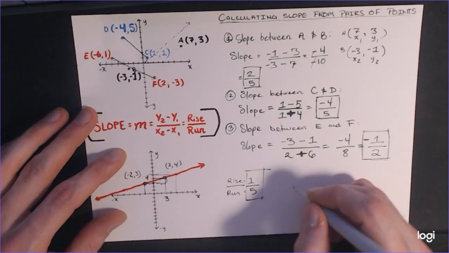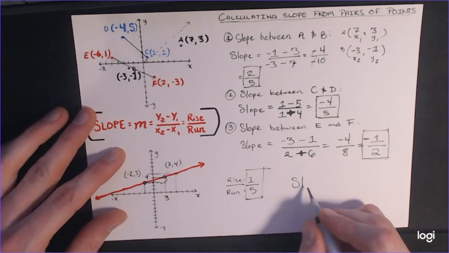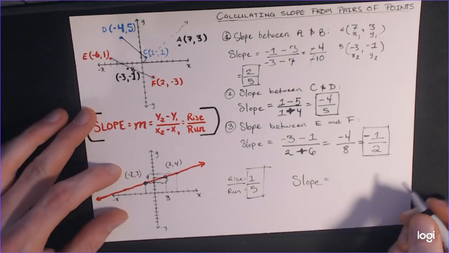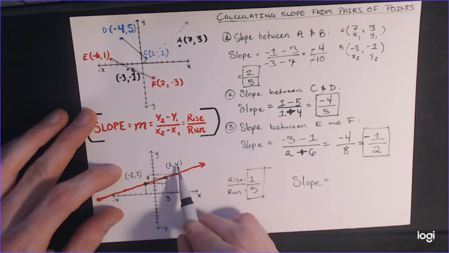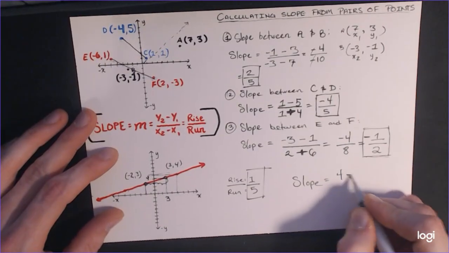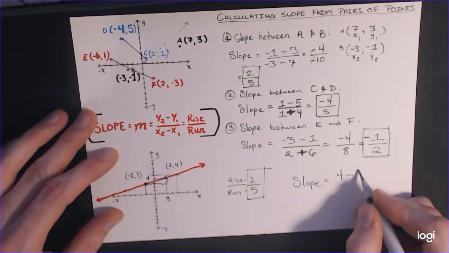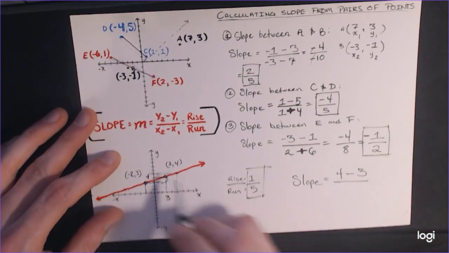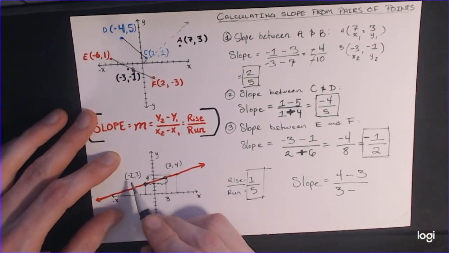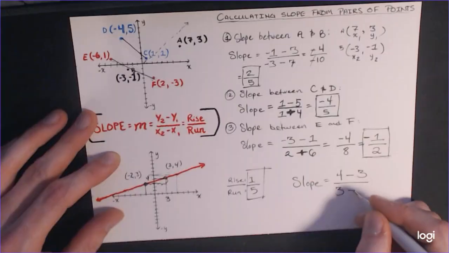So let's go through and calculate it manually using these 2 points that we identified here. So this is going to be our second point. This will be our first one. So our second y value is 4 minus our first y value, which is 3. This is divided by our second x value, 3, subtracting our first x value, -2.